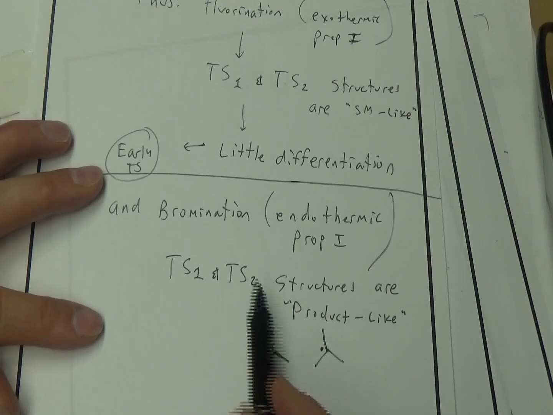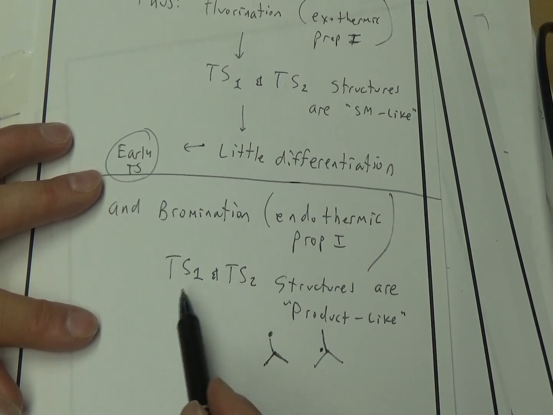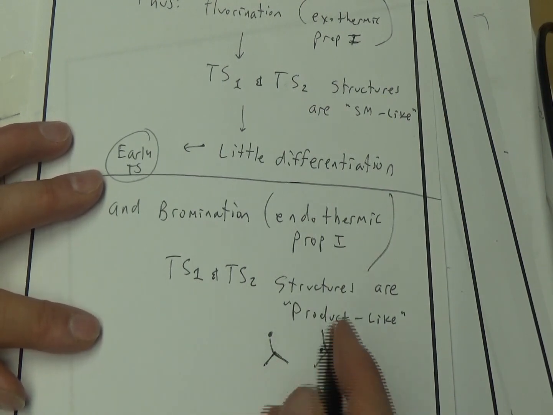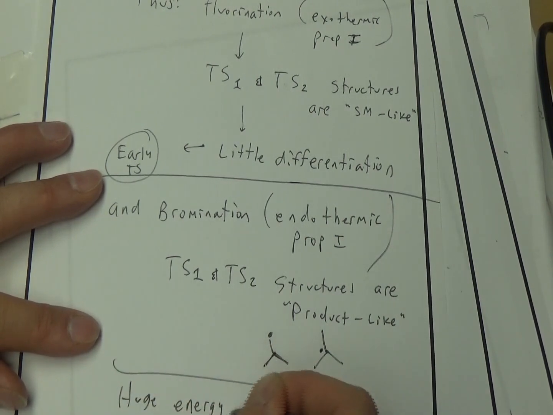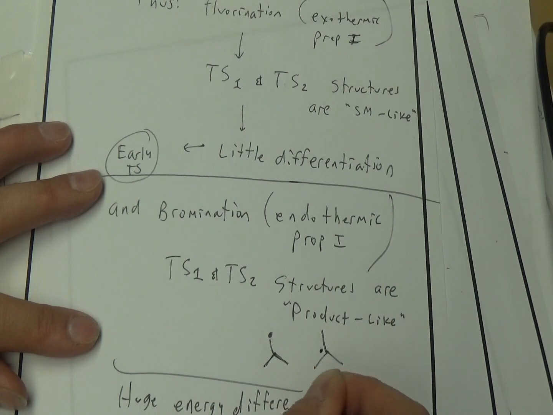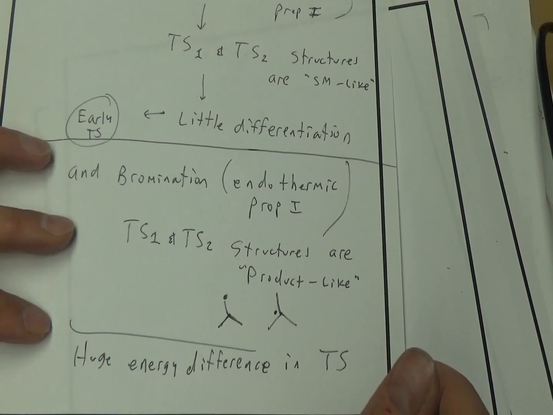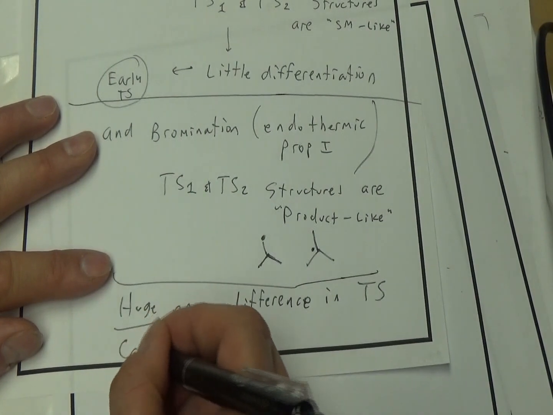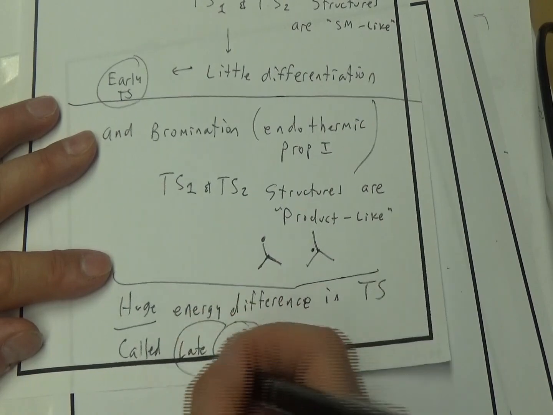And if the transition state structures resemble the product structures, these radical structures, that makes there a huge difference, a huge energy difference, in the transition states, right? And then we call the transition states late. Called late transition state, okay?